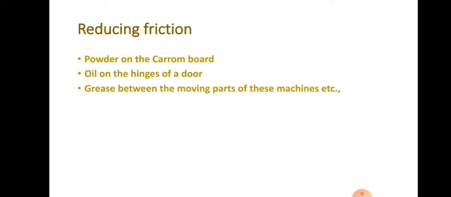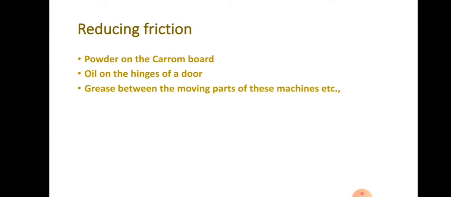Next, grease between the moving parts of machines. In the sewing machine, our mother will apply some coconut oil or some other oil or grease-like substances to reduce the friction between the moving parts of these machines.